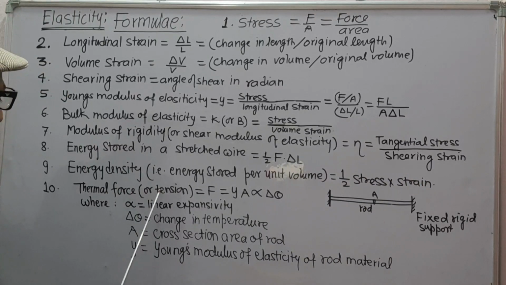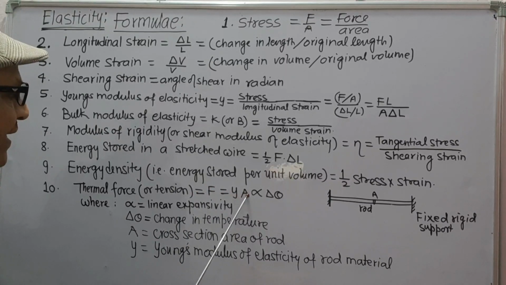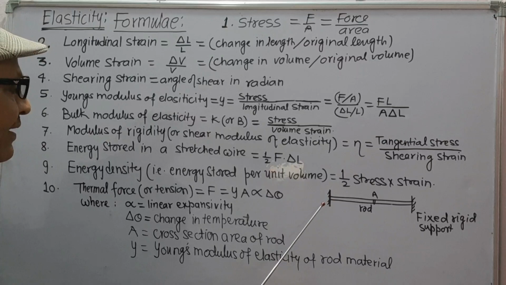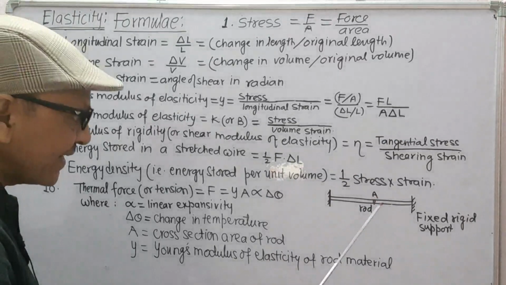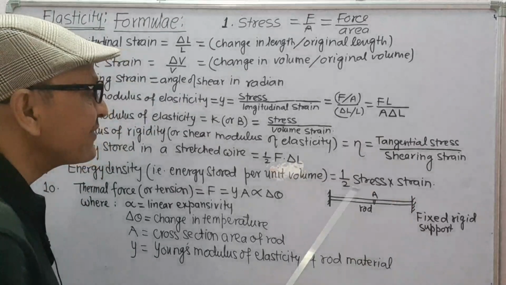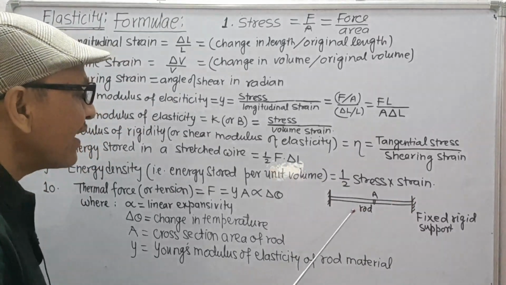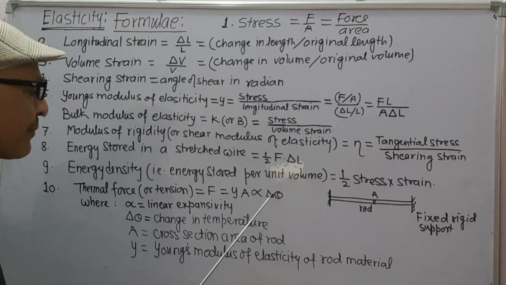Thermal force or tension is given by F is equal to Y A alpha delta theta, where a rod of cross section area A is fixed between two rigid supports like this, and its temperature is changed through delta theta.